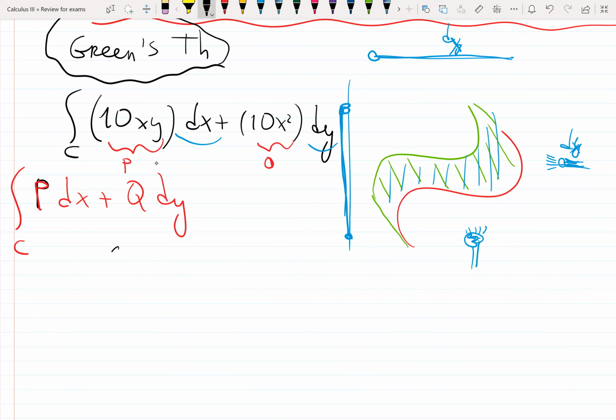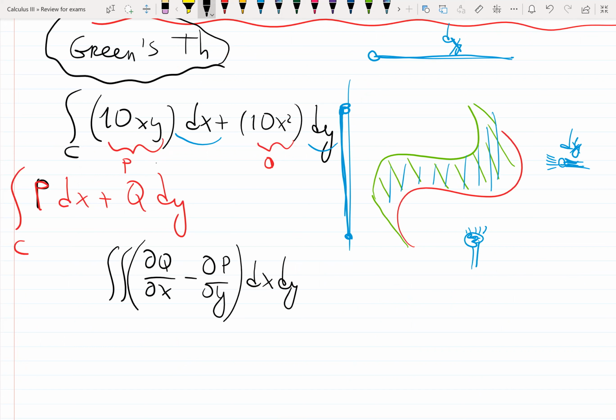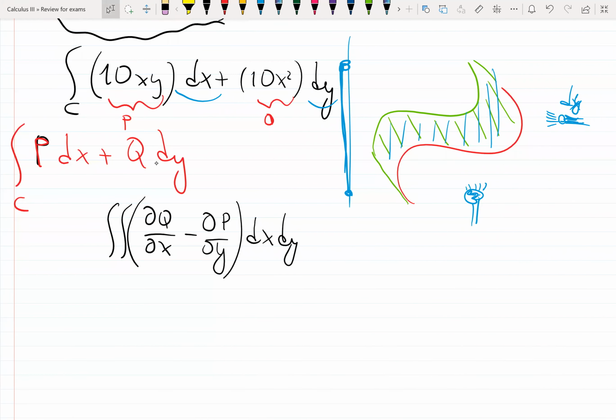Either you use the fundamental theorem of calculus if you know the area, or you use this formula: differentiate each part with respect to the other variable and find the difference. This weird thing came from the matrix, actually. Too complicated to explain, but maybe you saw it in the book. That is equal to a line integral, like so.